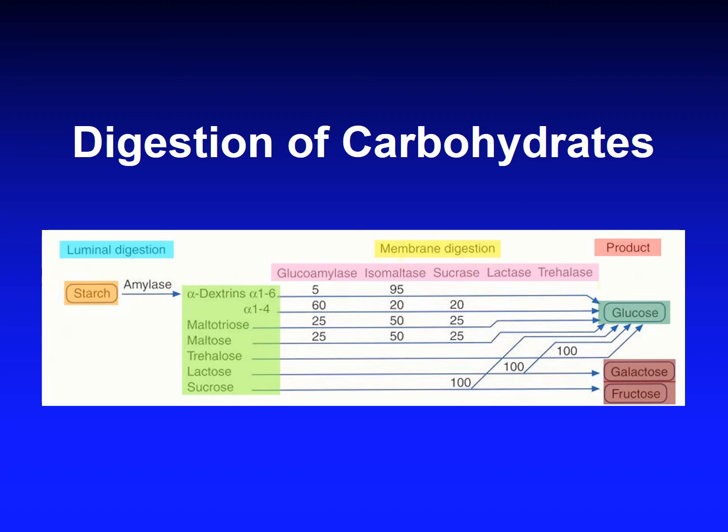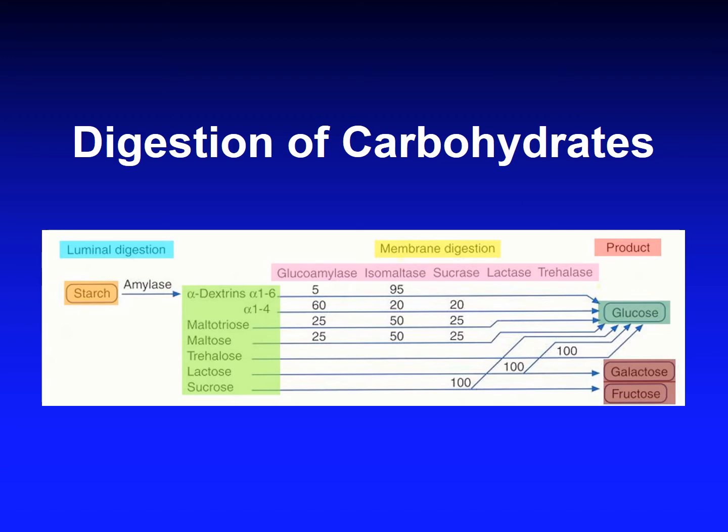Only 3 of the carbohydrate luminal digestion products, trehalose, lactose, and sucrose, are digested 100% by a specific membranous enzyme. For example, sucrose is 100% digested by sucrase.